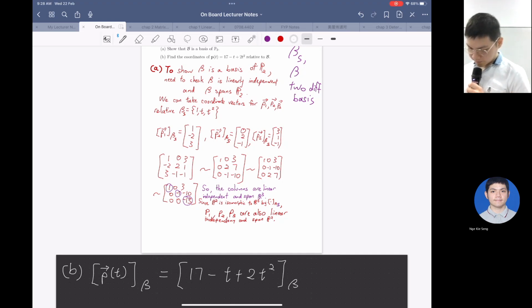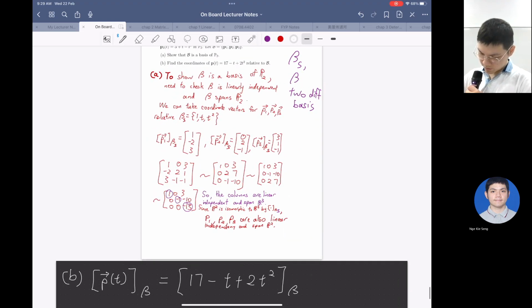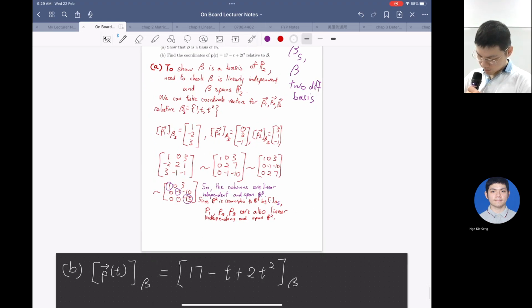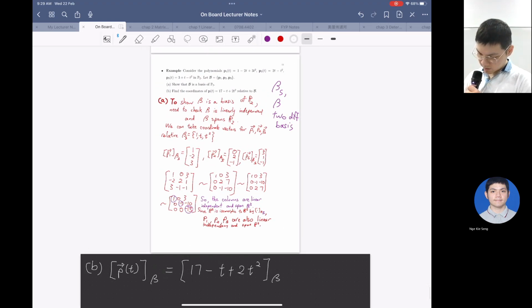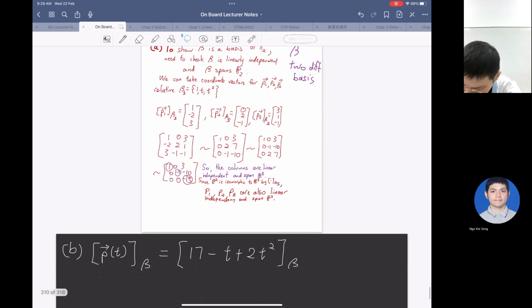So what can we do? What we can do is we set up the same matrix.